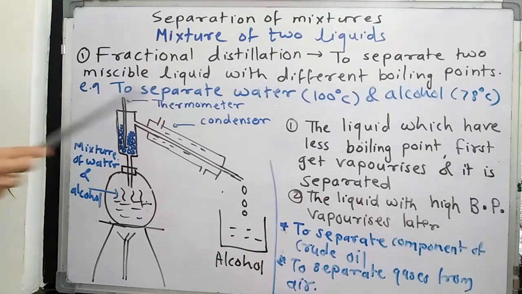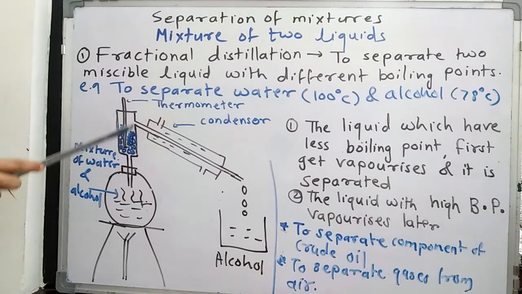Now here we have the setup. We have seen it already in distillation, so it is a similar process, only here we have a column. This column is called the fractionating column. In distillation, this fractionating column is not there. In fractional distillation, here we have the round bottom flask, in which we have taken a mixture of water and alcohol completely mixed together.